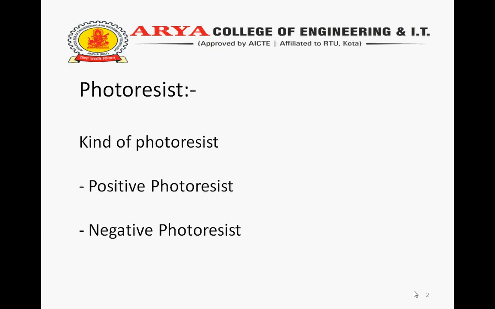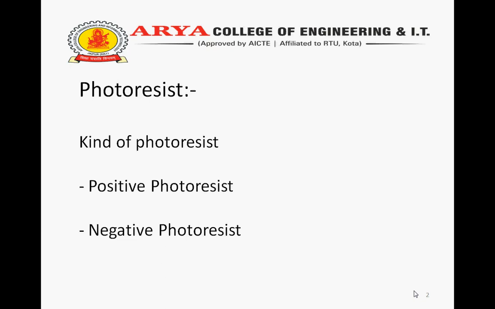Kinds of photoresist. There are mainly two kinds of photoresist: positive photoresist and negative photoresist. The positive photoresist responds to the light in such a way that the exposed region dissolves more quickly during the development process, while the unexposed region remains unchanged.